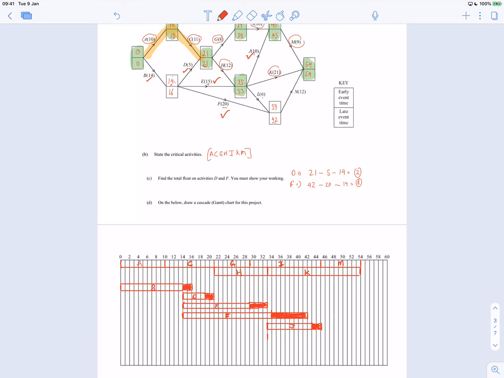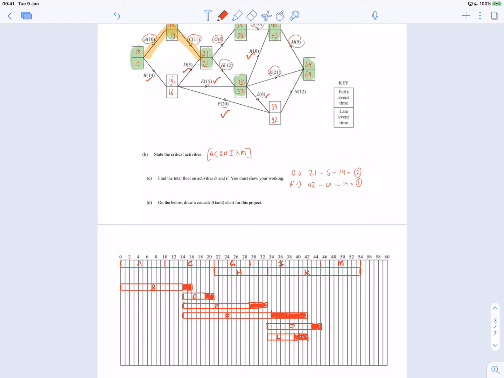And it goes up to 39, which is here. So that's L. And it also goes up to 42. So that's a slack of 3, isn't it?